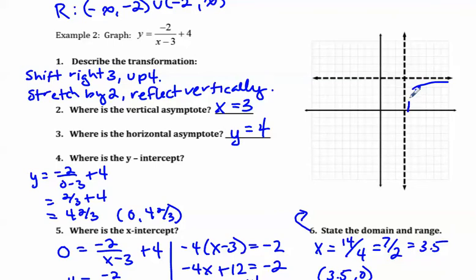Let me go back this way to go through my points. Remember your arrows at the end. And then I know my y-intercept too is 4 2/3, so that's right here. I also know that from where the asymptotes cross, I'm going to go right 2 and up 1, and right 1 and up 2. So I have 3 points on this branch.